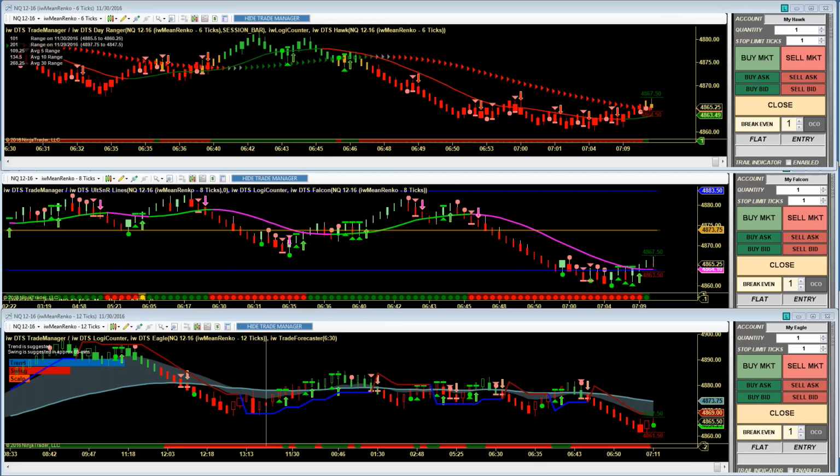Oops. The data provider I'm using now doesn't provide the pound US dollar pair, but I can get the 6B, which is the futures.